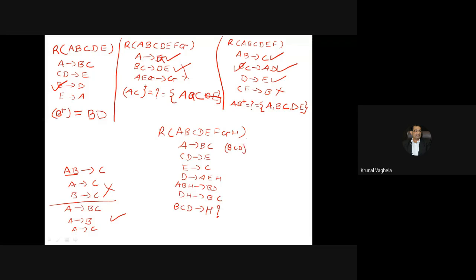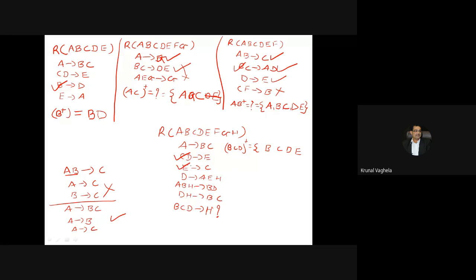So BCD's closure is, obviously you can find B, C, and D. Now let's take one by one. If I am having A, no. I am having CD, then I can find E. Yes, I am having CD, I can find E. If I am having E, I can find C, but C I am already having.